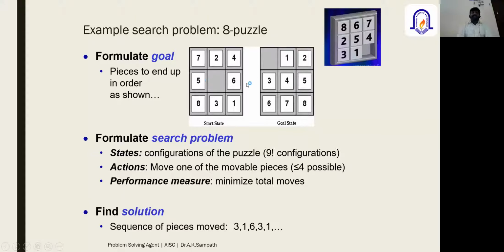There could be left, right, up, down possible movements, right? And what is the performance measure? The user who solves this problem in the shortest path or fewest moves, that solution will be considered the optimal solution. Is it clear for all of you?